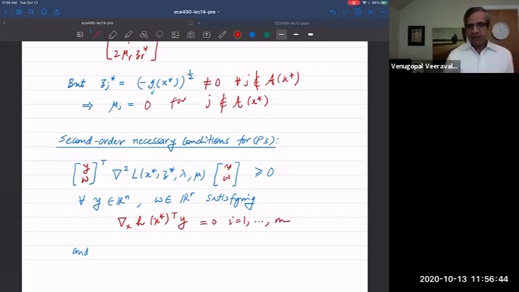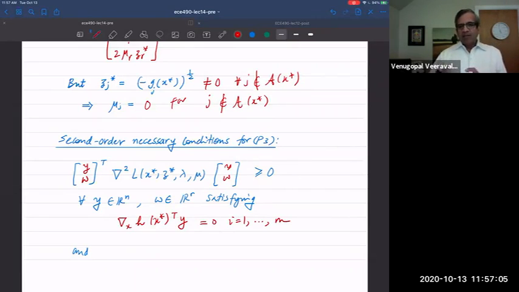And then I have the other equality constraints corresponding to the g_j plus z_j squared. The gradient with respect to both x and z, when I take the inner product of that with y and w, has to also be equal to 0.